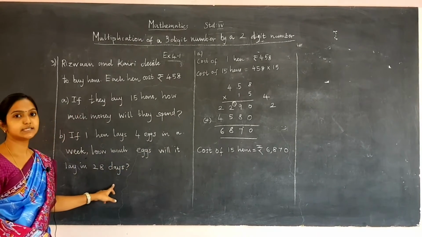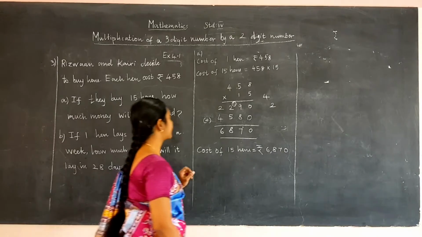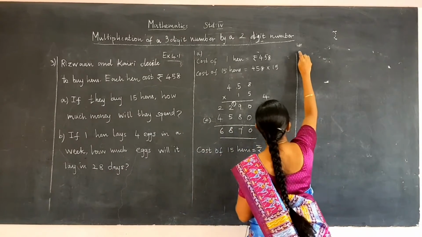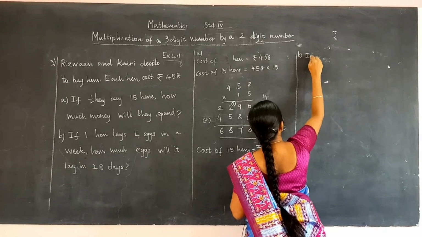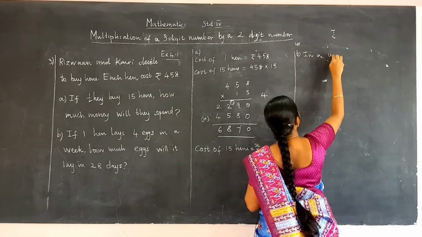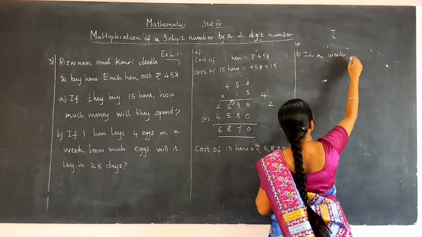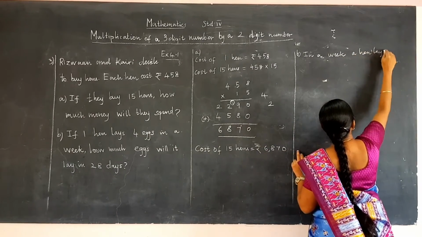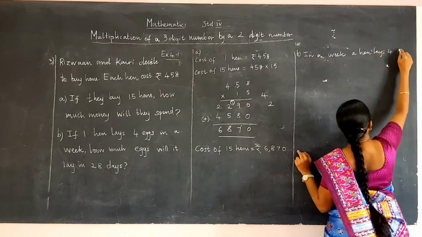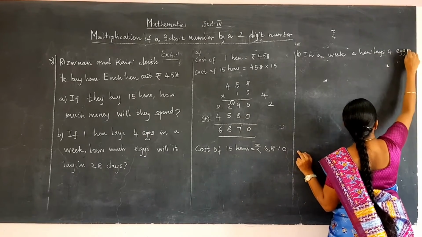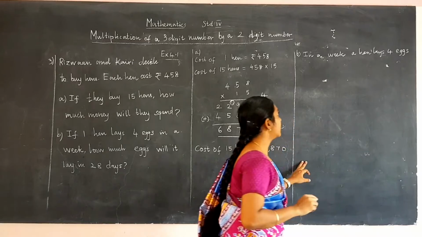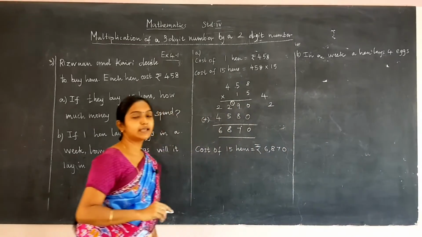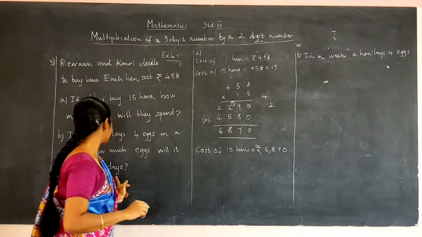The next question is, if one hen lays 4 eggs in a week, then how many eggs will it lay in 28 days? In a week, a hen lays 4 eggs. We have to find how many eggs it will lay in 28 days.